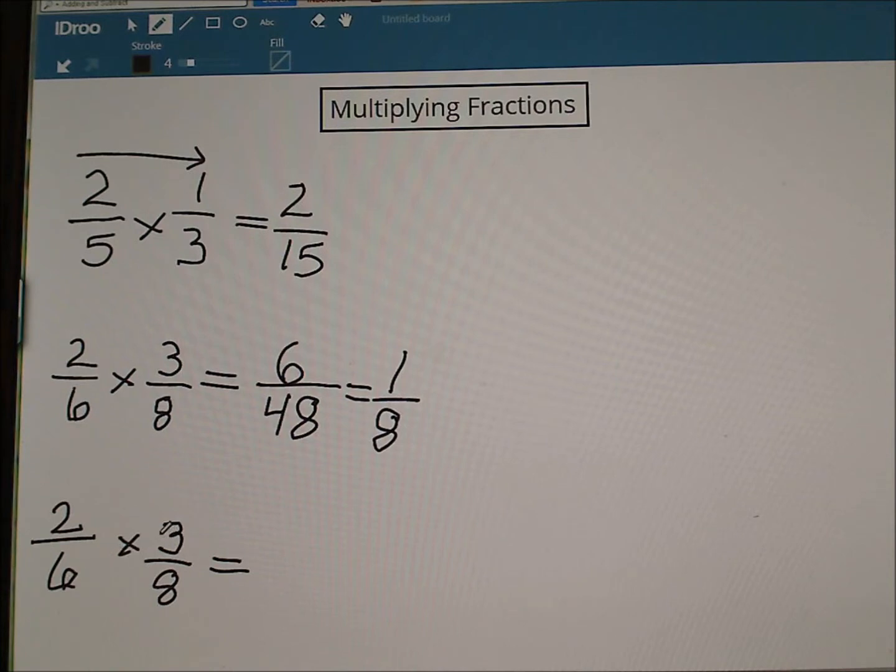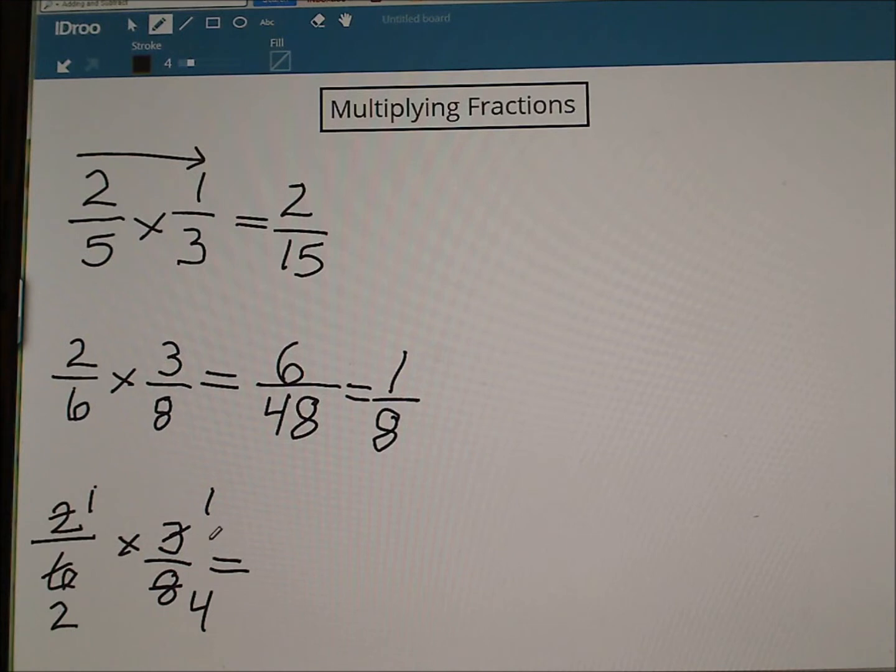So here I'm going to do cross reduction. I know that 2 divides into 2 once, and 2 divides into 8 4 times. 3 divides into 3 once, and 3 divides into 6 2 times. So now I'm going to multiply these reduced numerators and denominators.